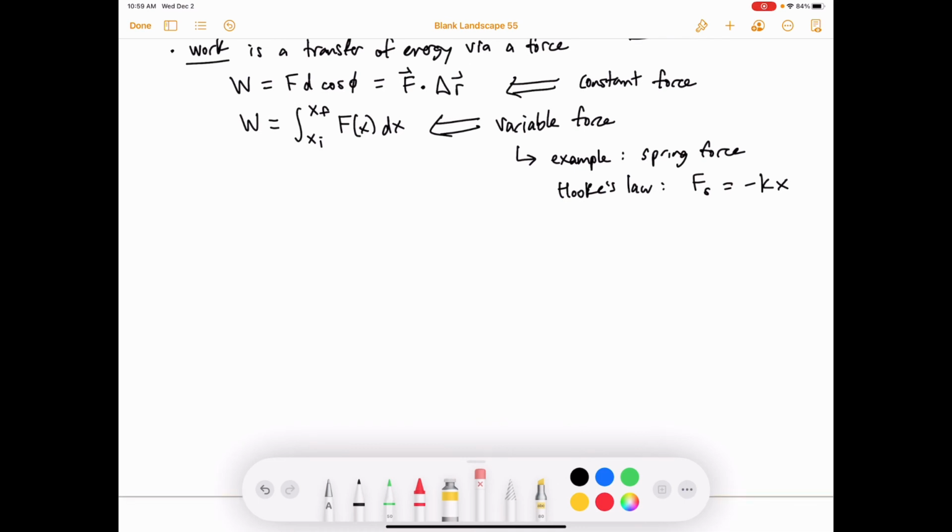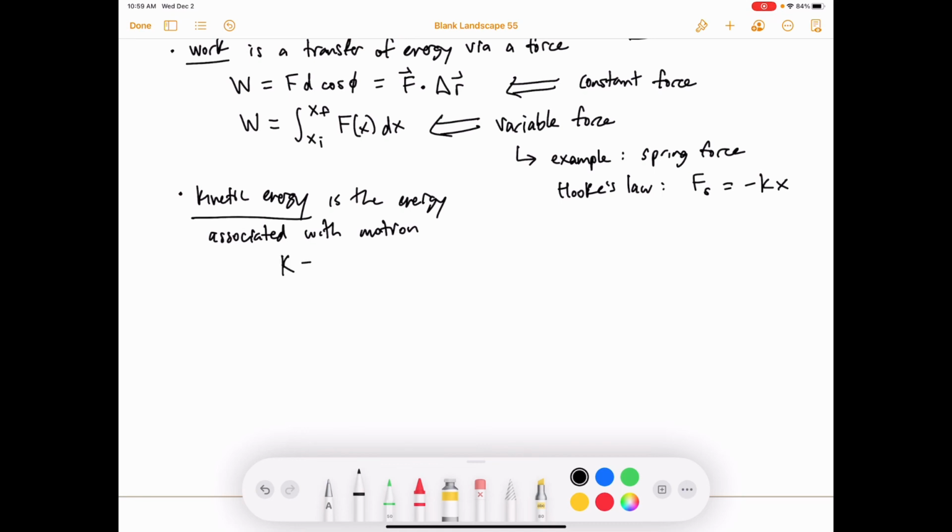So the next issue is kinetic energy. Kinetic energy is the energy associated with motion. So an object or a system has kinetic energy by virtue of the motion of its parts. So what's the formula for kinetic energy?